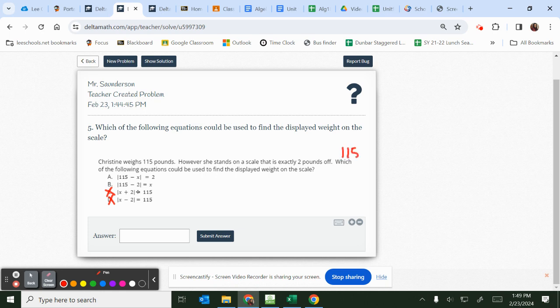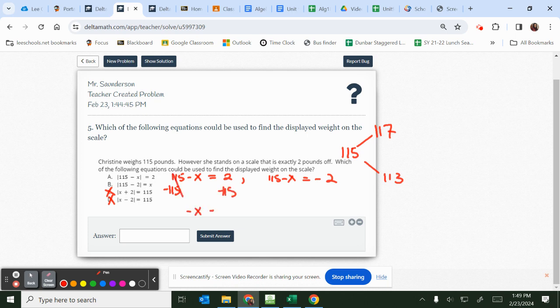We have 115, and it could be either 2 pounds more or 2 pounds less. So 115 minus x could be a positive 2 or 115 minus x could be a negative 2. Here I would subtract 115 from both sides, that will cancel.